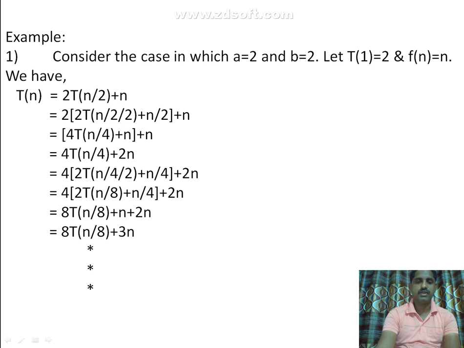Applying 2^3·T(n/2^3) + 3n, with 2^i = n, then log 2^i = log n, so i = log n base 2. Substituting this, we get O(n log n).